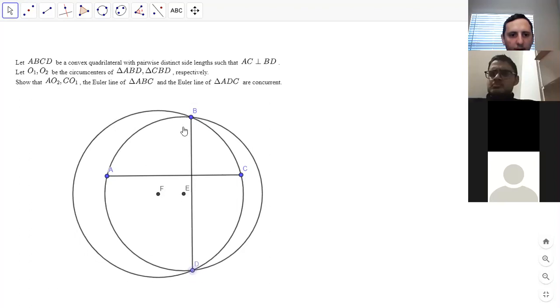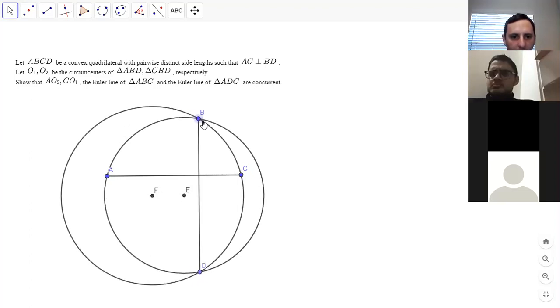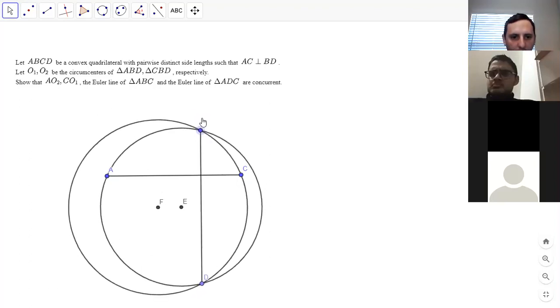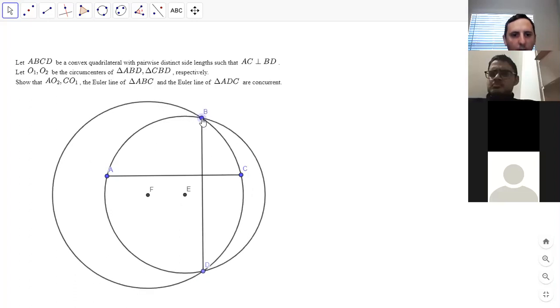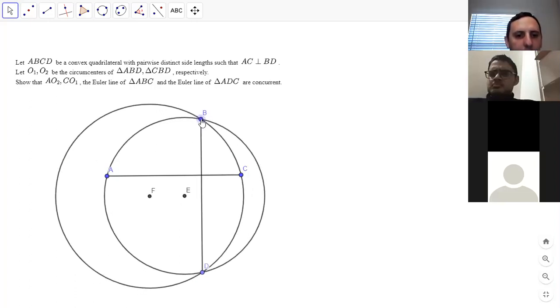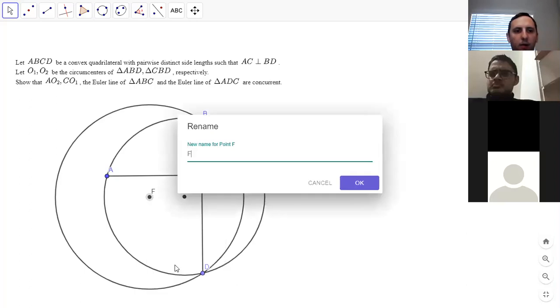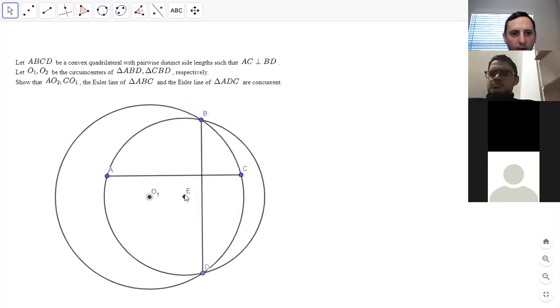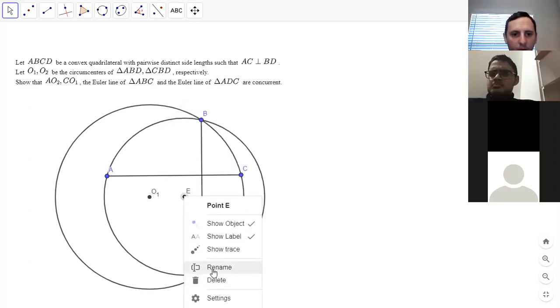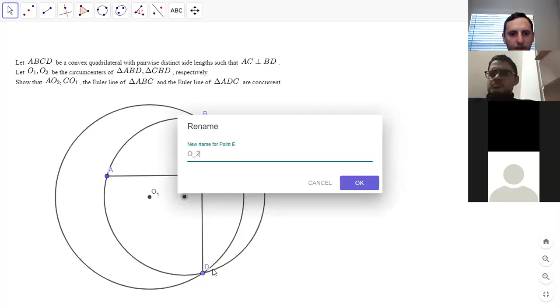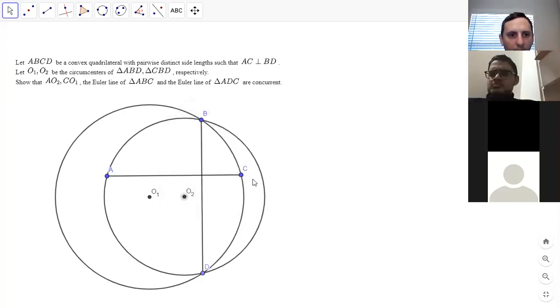Is EF parallel to AC? Kind of looks like it. Yeah, because EF is perpendicular to BD, so it's parallel to AC. Let me rename it: for ABD this should be O1, and this should be O2.